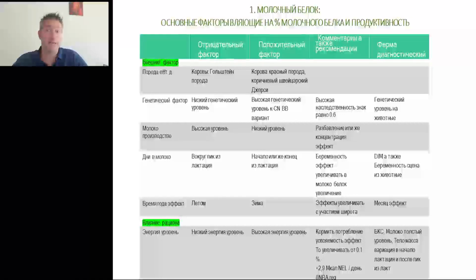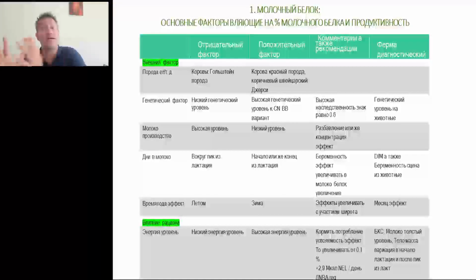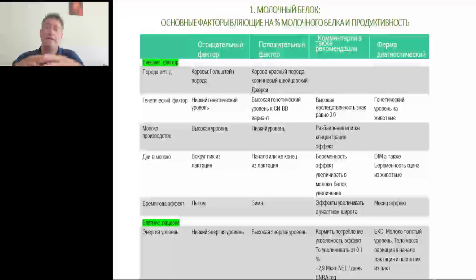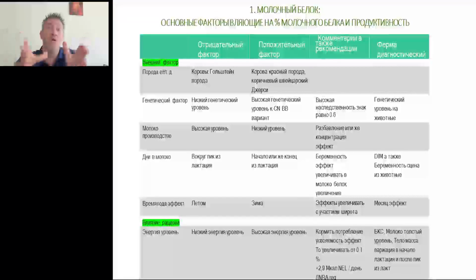The new genetics plan improves the percentage of milk protein in the milk. Also, milk production: there is an effect of dilution and concentration, where the high producing cattle have a lower percentage of milk protein, and on the other side, the lower production level shows a higher percentage of milk protein due to the effect of concentration.